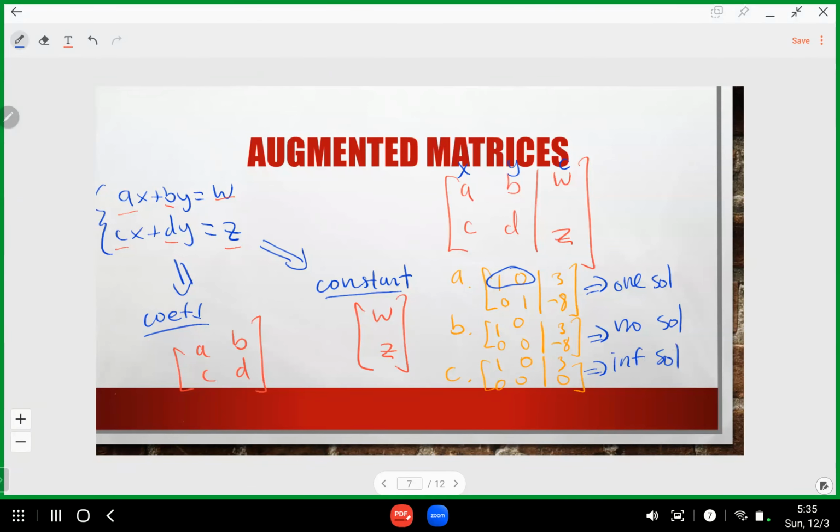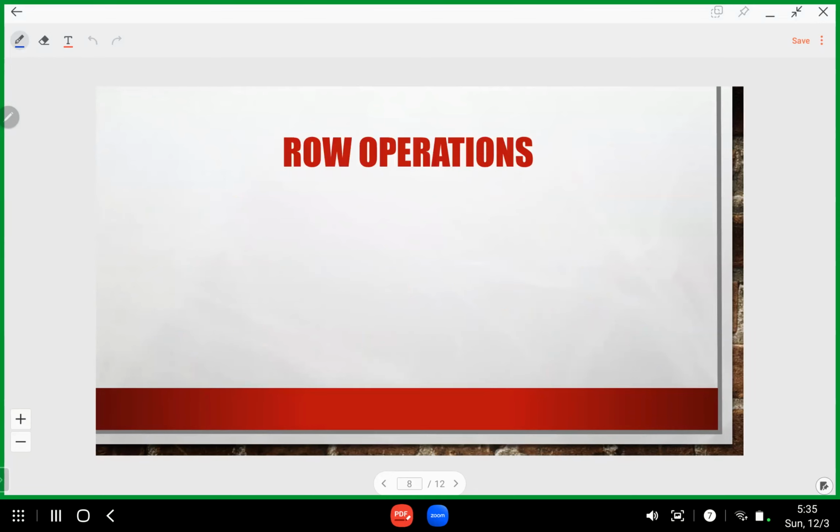All right. Okay. So now that we know kind of what augmented matrices are and what to expect, we can now go on to some row operations. So what are row operations? Well, there's a couple of row operations, right? And there's actually 3, they're the main ones, and then we'll practice some, okay? So let's see here.